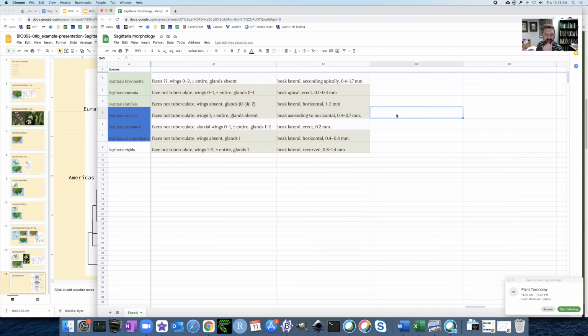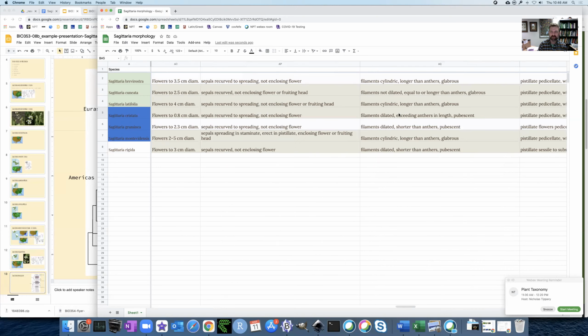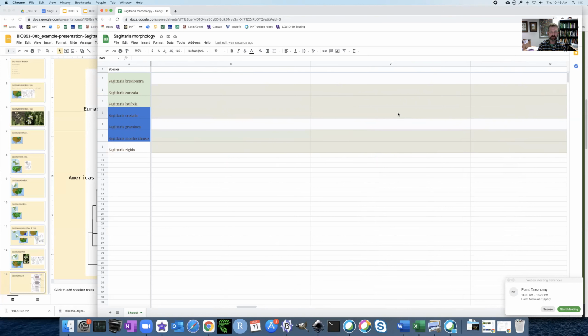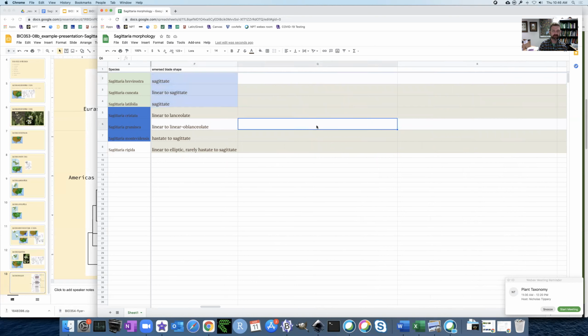All right, well, we're looking for patterns that support our phylogeny. I don't think I'm seeing hardly anything. Yeah, okay, so we had one, what was our one? Potentially sagittate leaves. And sometimes you report on what you got.